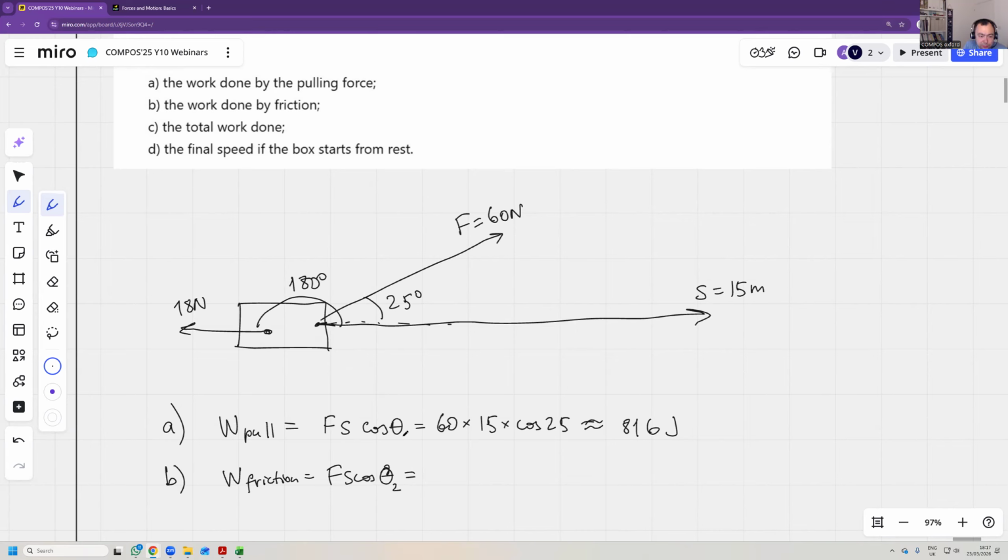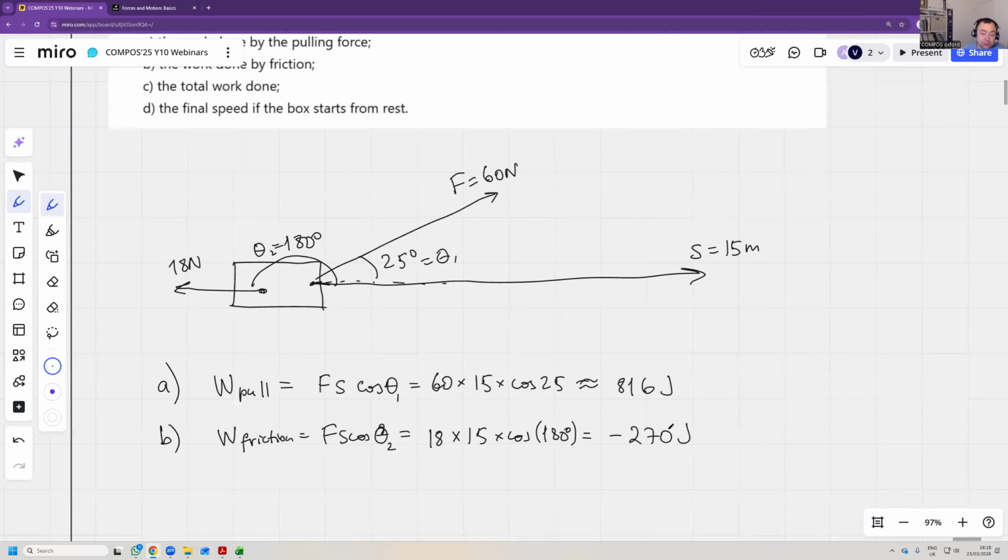This is theta 1, and this is theta 2. So it's 18 times 15 times cos 180 degrees. So it's 18 times 15 times negative 1, so negative 270 joules.